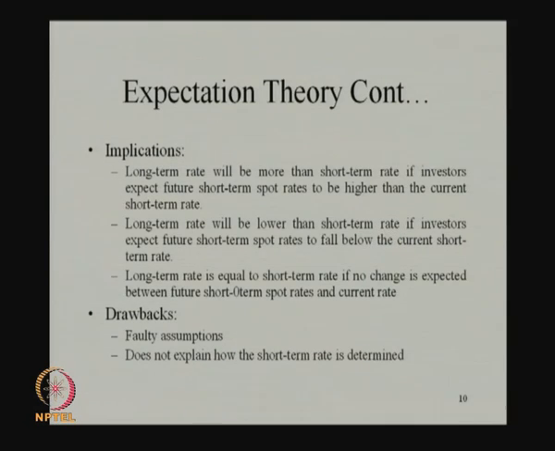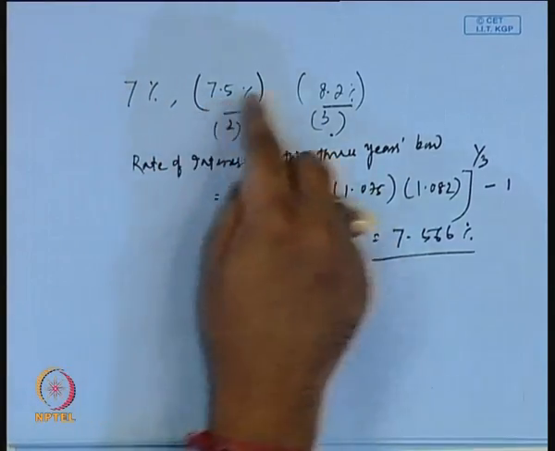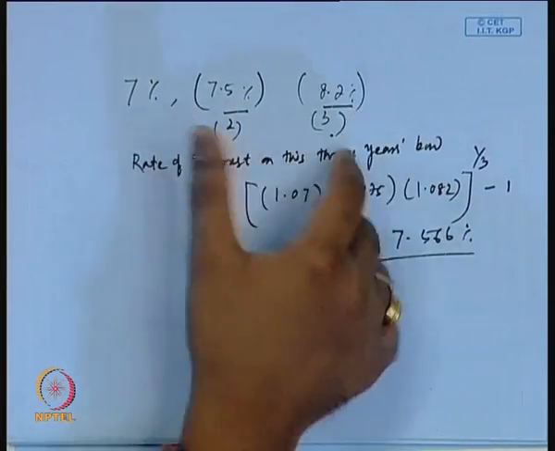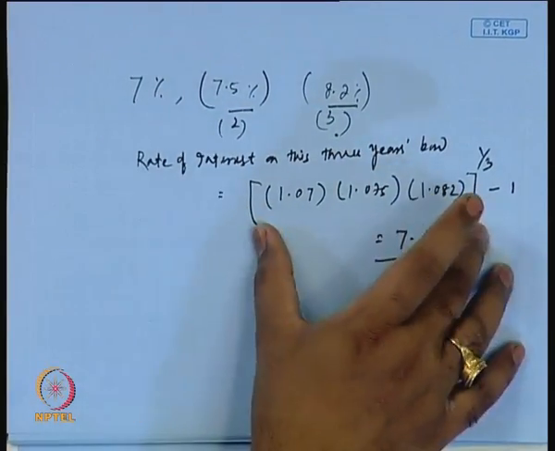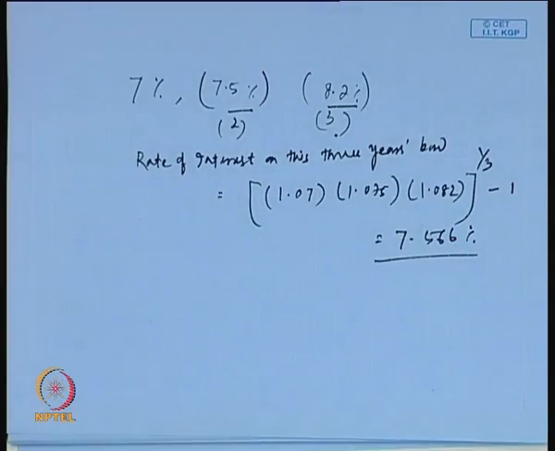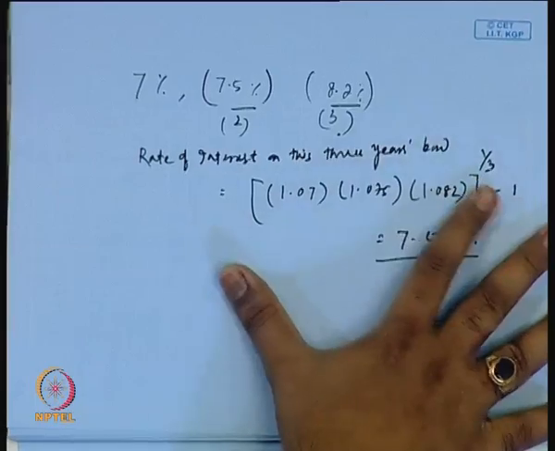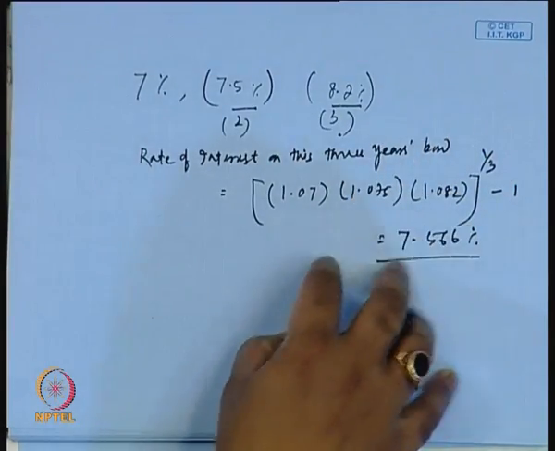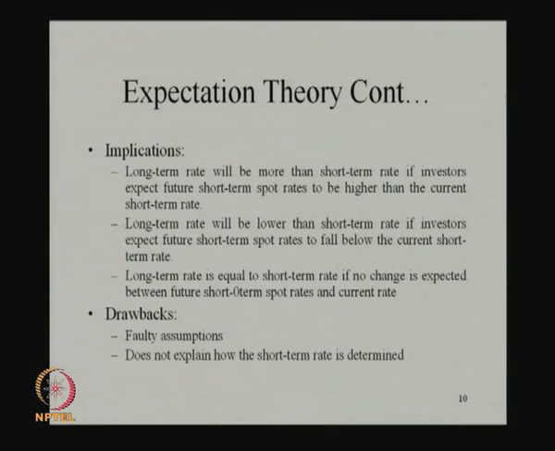If today it is 7.5%, and next year it is 6.5, and the year after it is 5.8, then we can observe that the average of these three rates, either geometric or arithmetic, will be somewhere less than 7%. Therefore, the long term interest rate depends on how the interest rate is going to move in the near future.